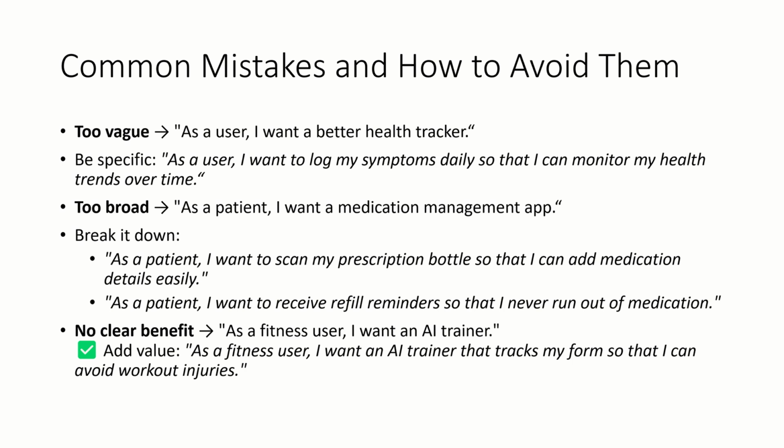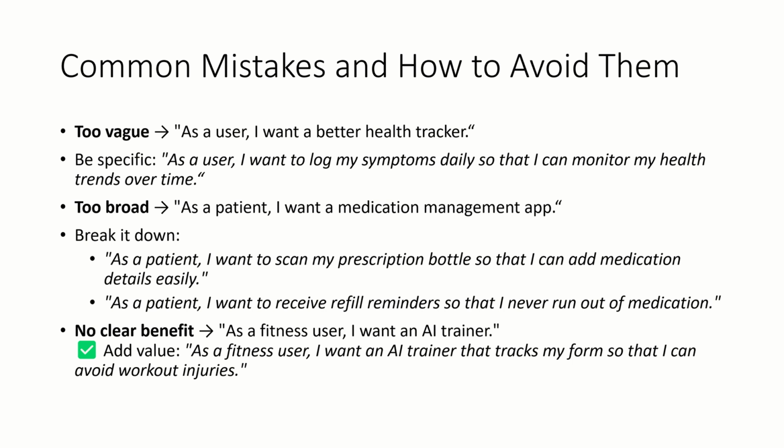A better health tracker is not easy to complete, because how do you define better, and what kind of things are you trying to check? So you should be more specific. For example, I can say as a user, I want to log my symptoms daily so that I can monitor my health trend over time.